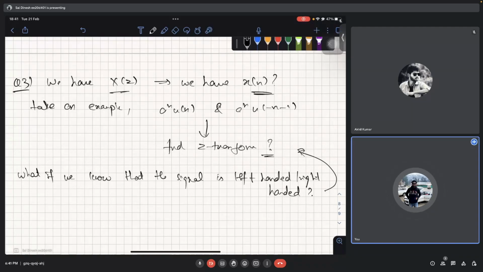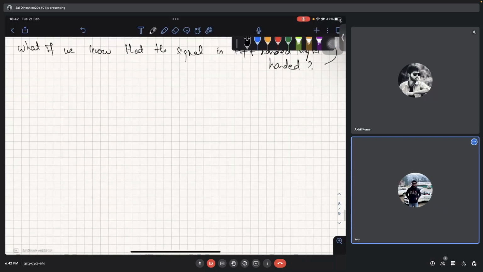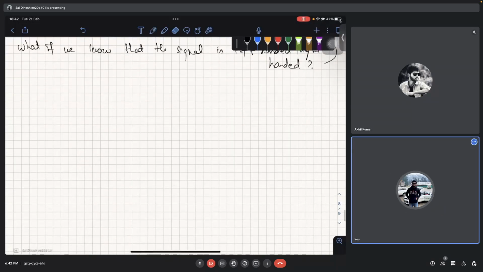Then you have to see for which ROCs the properties of x of n are followed. That is what you need to find in question 3. And for another example, let's go to question 4.